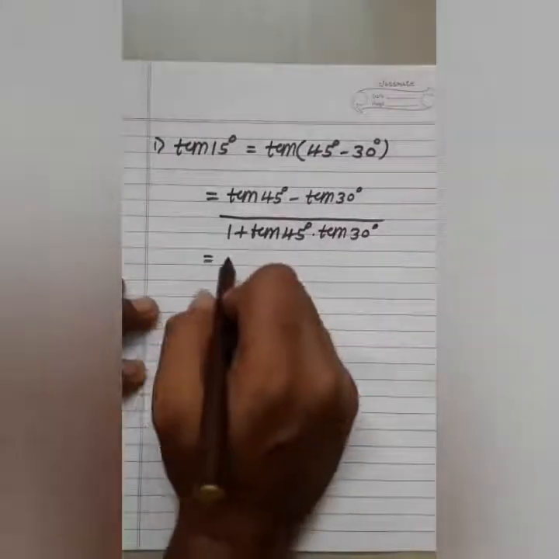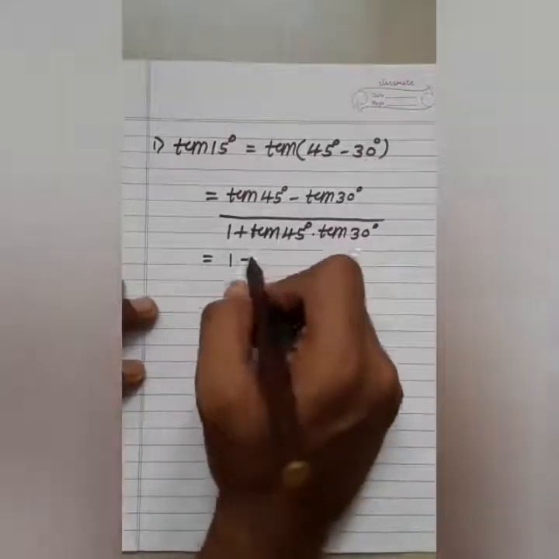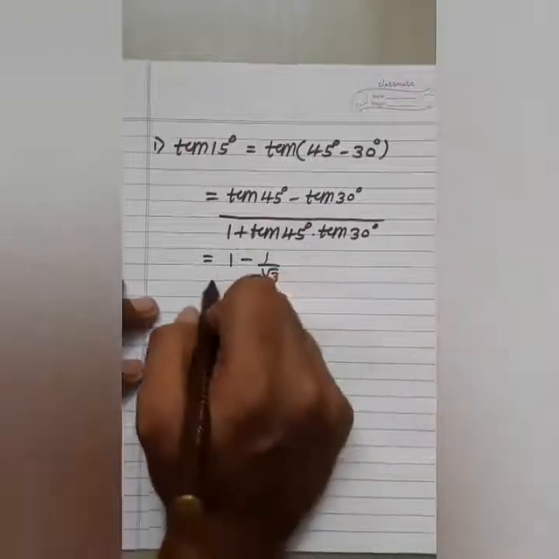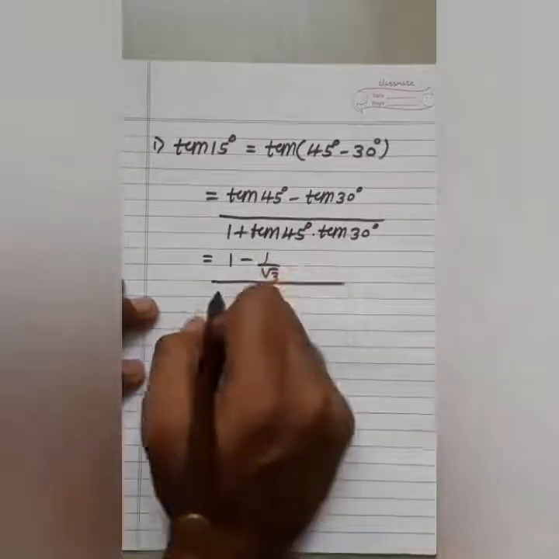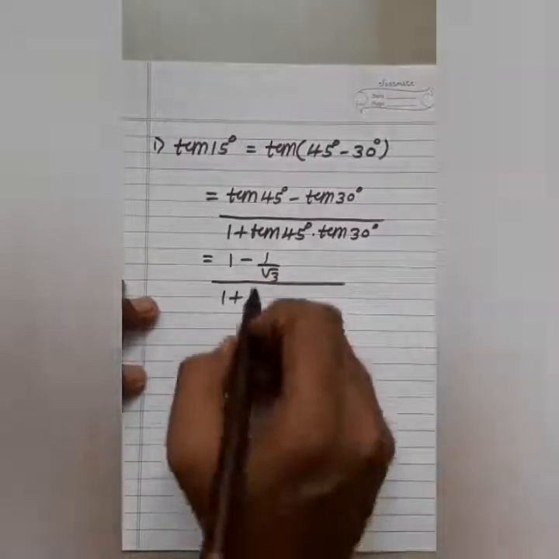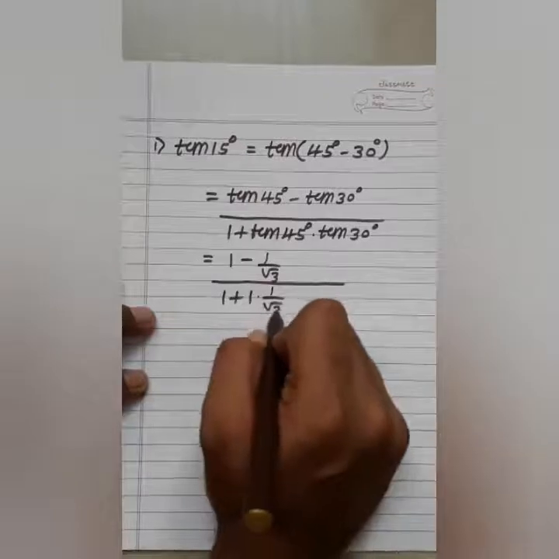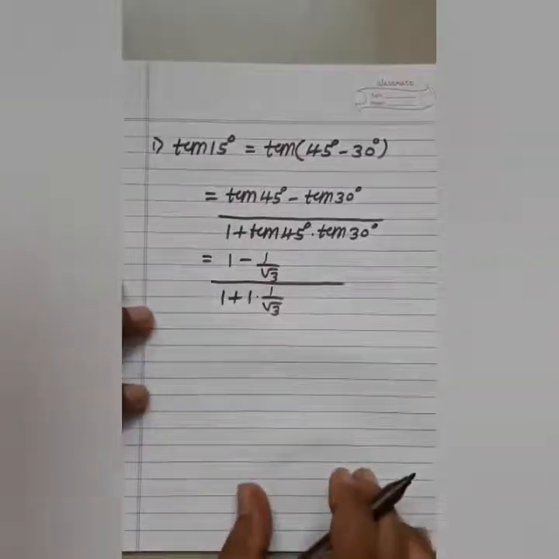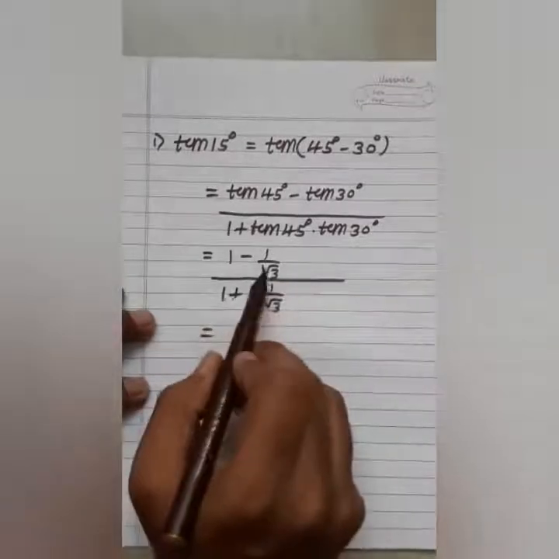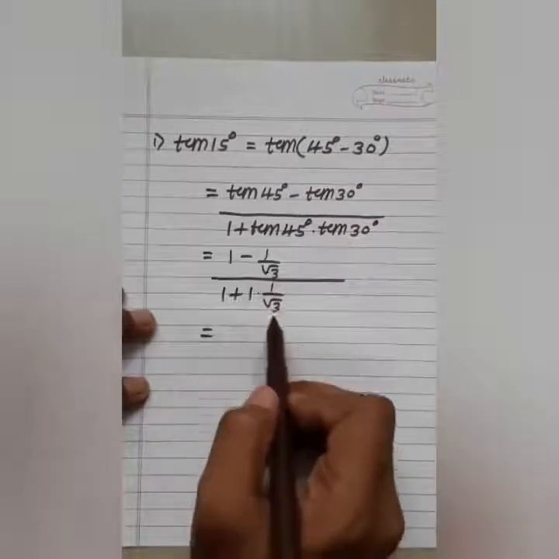So in place of tan 45 write 1, minus tan 30 degree, in place of it write 1 upon root 3, upon 1 plus tan 45, that means 1, and tan 30 degree is again 1 upon root 3. Now take the LCM, which is root 3 in both numerator and denominator.